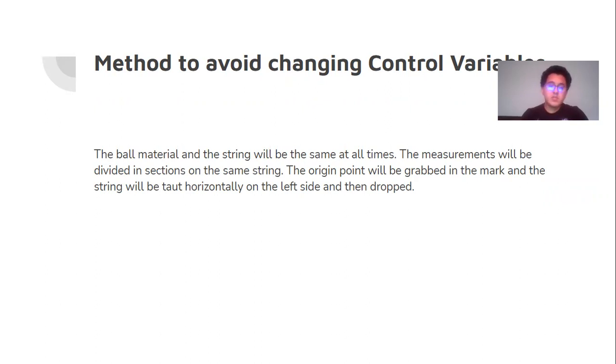Also, the measurement will be divided in sections on the same string. There will not be different strings that will make up the experiment. Also, the origin point will be grabbed in the mark, and the string will be taut horizontally on the left side and then dropped. Well, gravity does not change unless we are on another planet, so that's good.